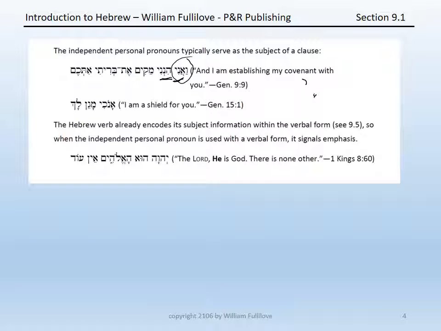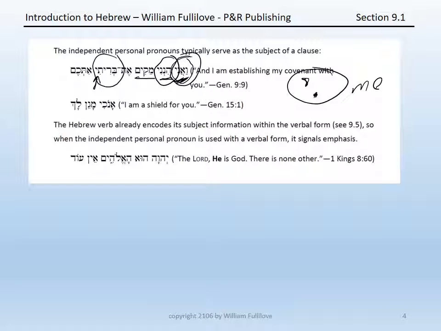From what you know, even though you have not seen suffixes on hine, this shows a very similar connection to the pronoun. And in fact, this is a suffix meaning me. So, and I, look, I, then what is called a hiphil participle that we will cover in a future chapter. I am establishing my covenant.